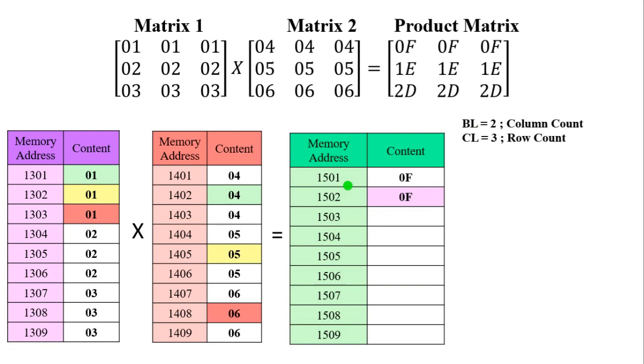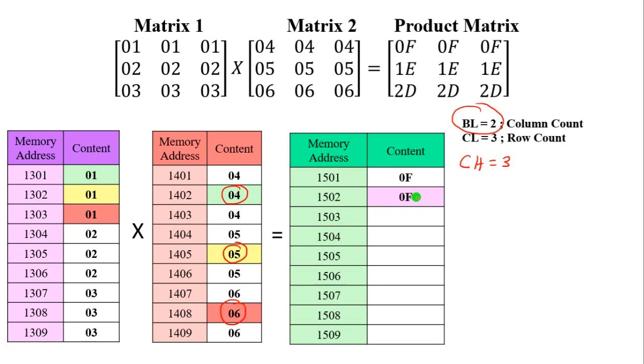What is the next step? The BL register's value is decremented. Once the BL value is decremented, the CH value becomes 3. Like that, again we are going to perform the multiplication. This time, we are going to load the second column of the second matrix.